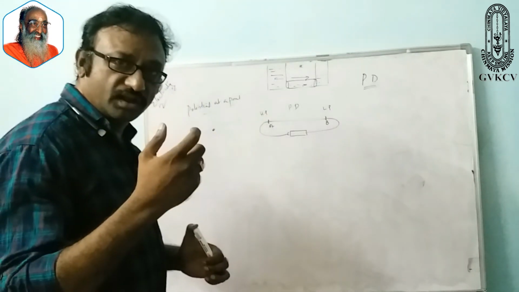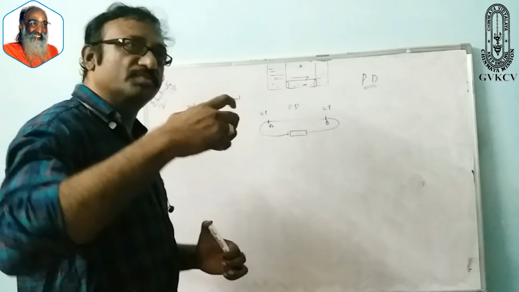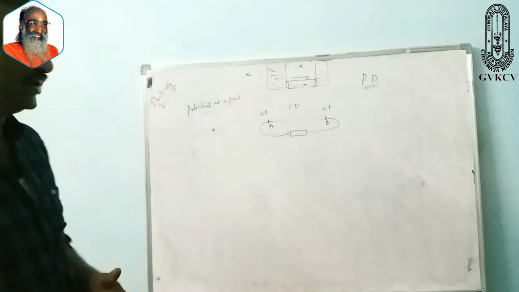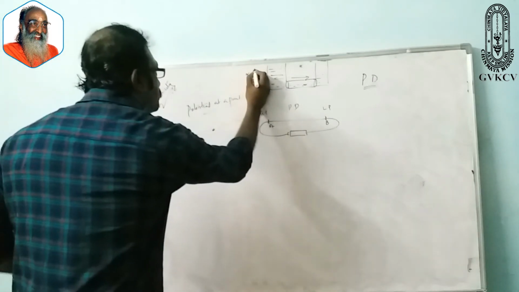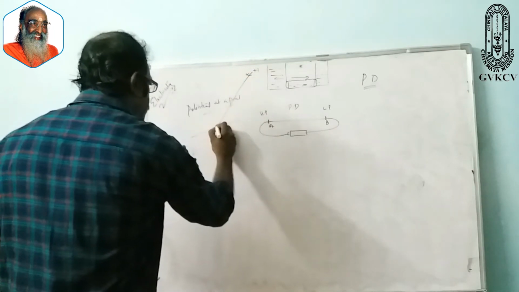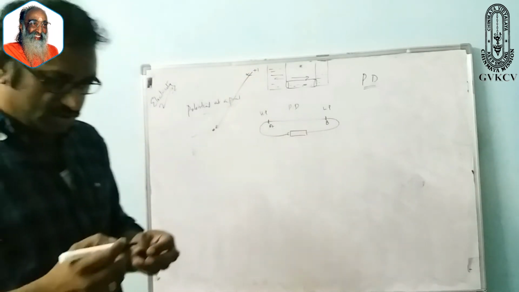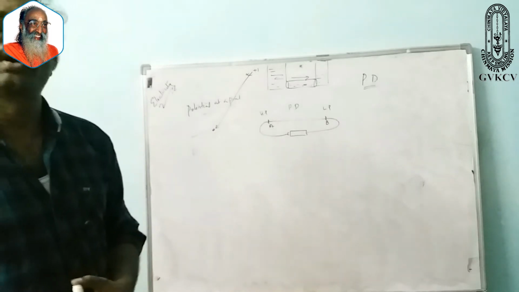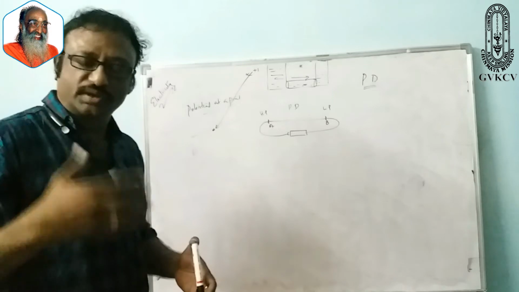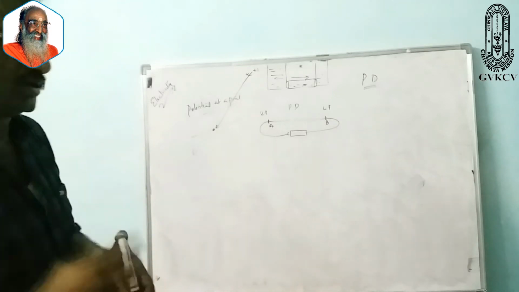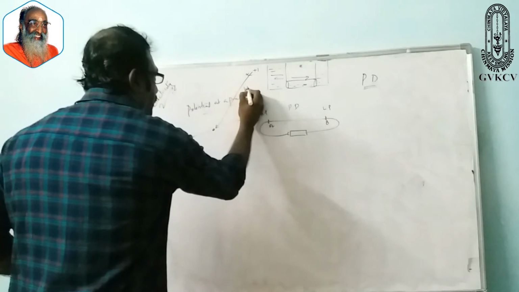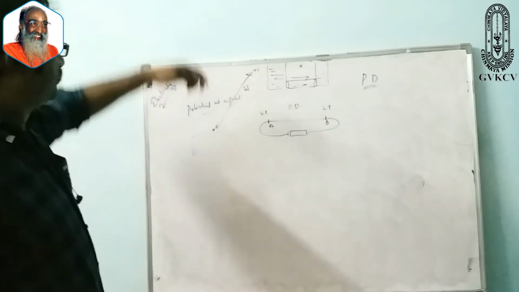We are going to bring a unit positive charge from somewhere, let it be infinity, to this point. To bring the charge from infinity to that point, it can't come on its own. Certainly we have to do some work. Let us say we have done some work W to bring the charge to this point.